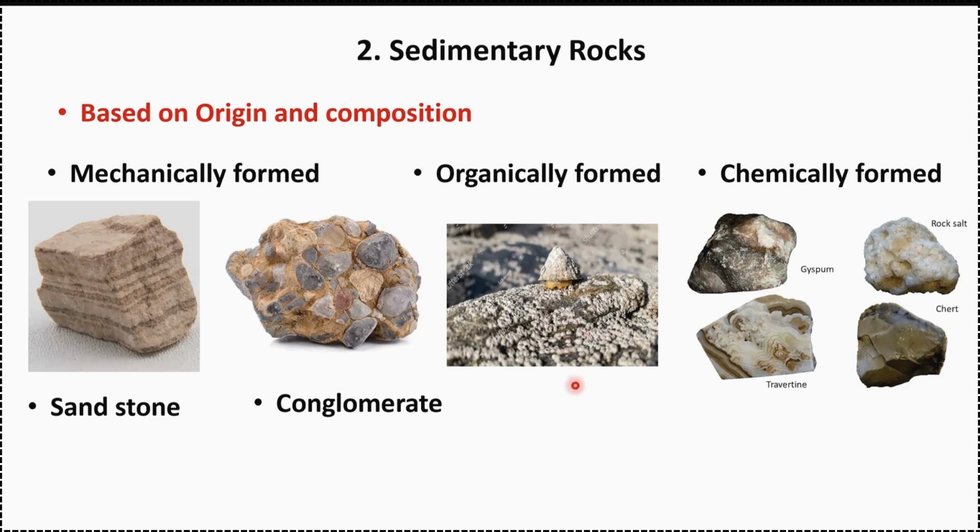One example would be peat swamps, vastly present in Scandinavian countries. And coming to chemically formed rocks, these are formed from the precipitation of minerals from water. An example is limestone, which often forms in marine environments from the accumulation of calcium carbonate. So this is about sedimentary rocks.